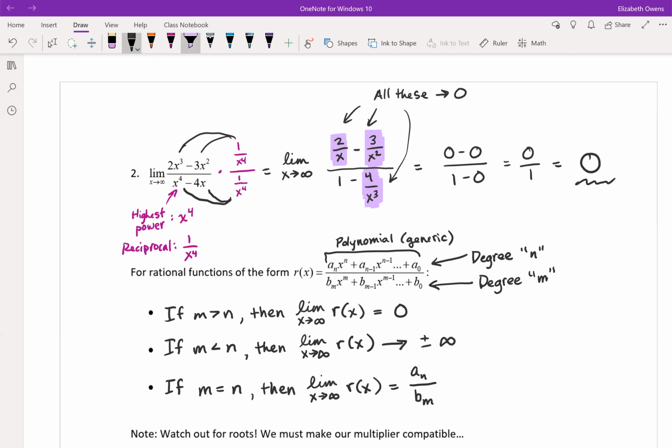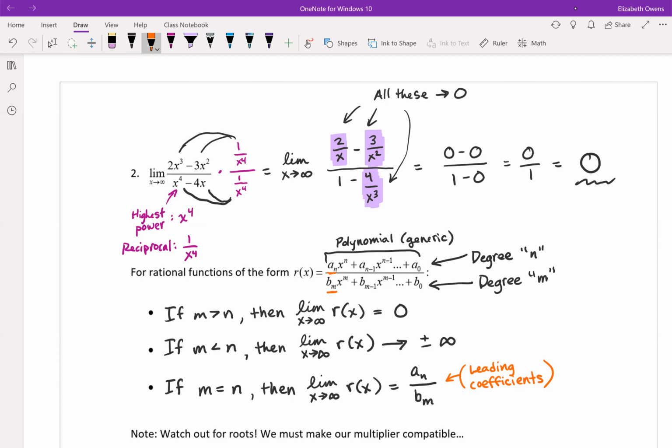And you might recognize those here in our rational function setup. Those are the leading coefficients of the polynomials. So that's what we have here, a sub n, b sub m. These are leading coefficients. And you take the ratio of those. That quickly can calculate the limit for you.